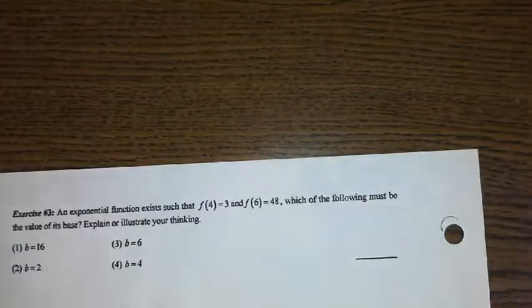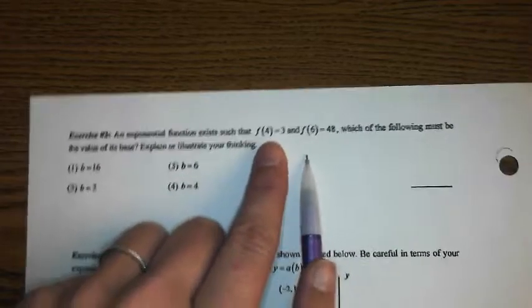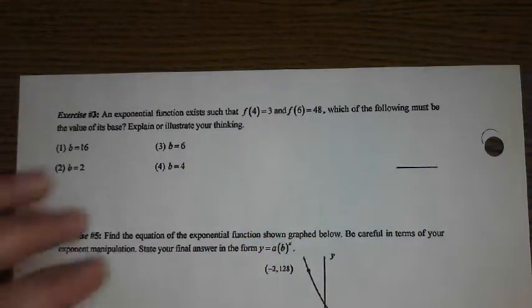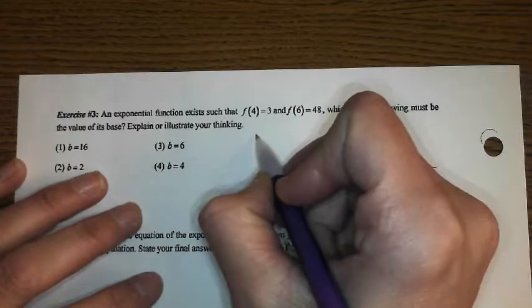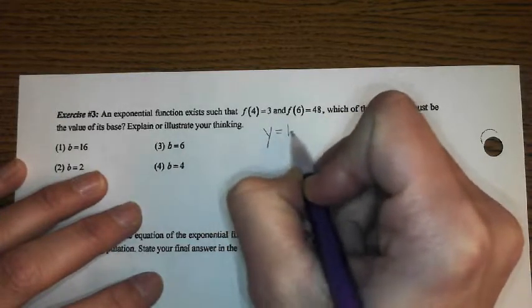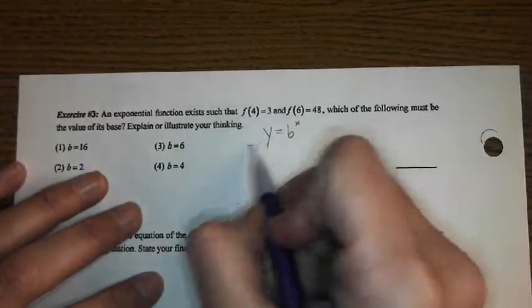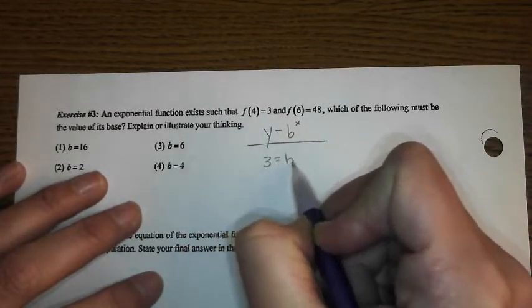Like, on the back, let's go here. You're given 2 points, 4, 3. So I'm going to write, here's my y equals b to the x. I'm going to plug in 4, 3 for my x and y as 1 point.